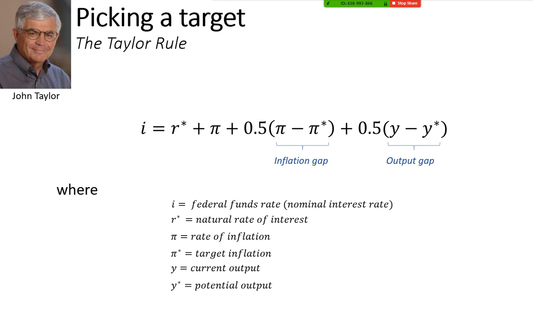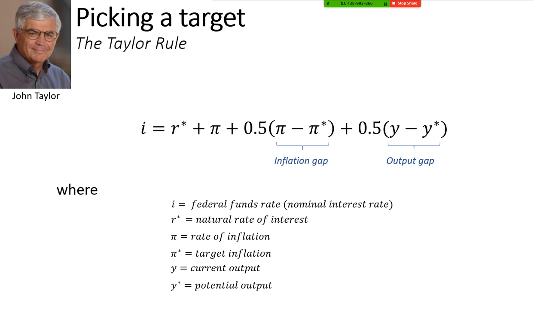So, in general, we know, for instance, that when interest rates are higher, it's harder to get money, so it's harder to spend or invest money, so growth suffers. And we know that when interest rates are lower, it's easier to get money, so it's easier to spend or invest, and so growth results. But the natural rate of interest is that interest rate where the economy stays the same.